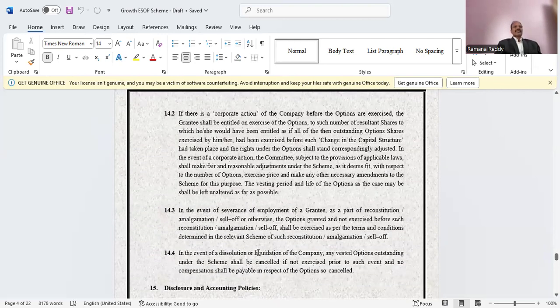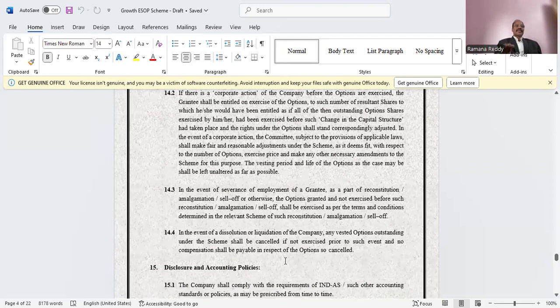In the event of severance of employment of the grantee as part of reconstitution or amalgamation, suppose any vesting period is there, that period already continued in the transferor company will be considered in the transferee company, not an issue. In the event of liquidation, this is important, or dissolution of the company, any vested options not exercised will lapse.